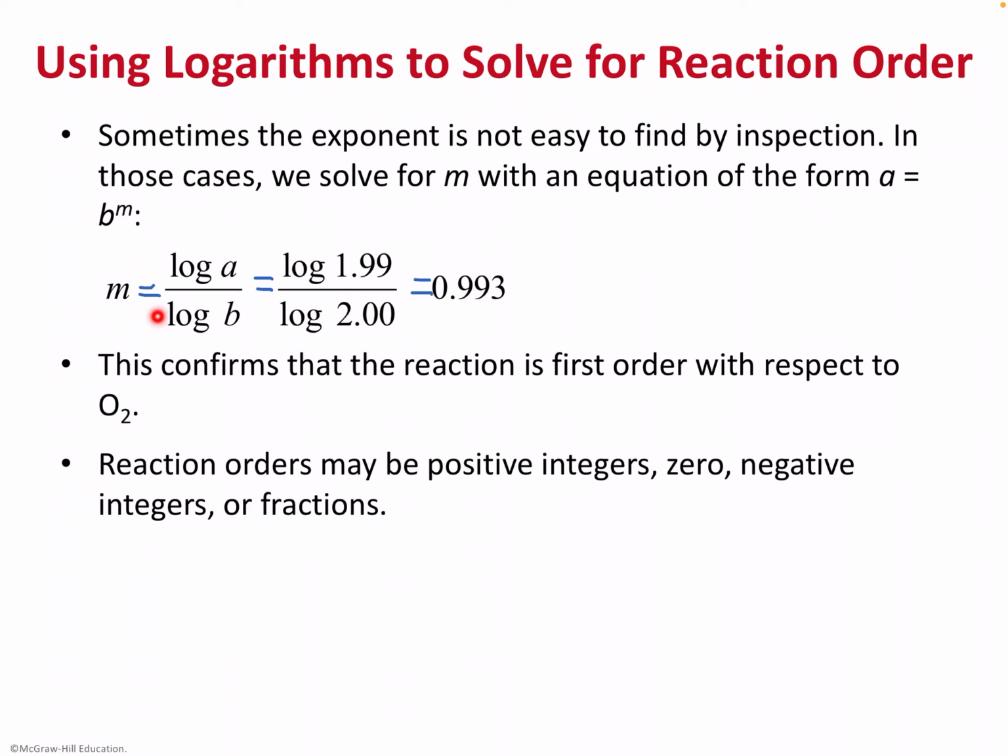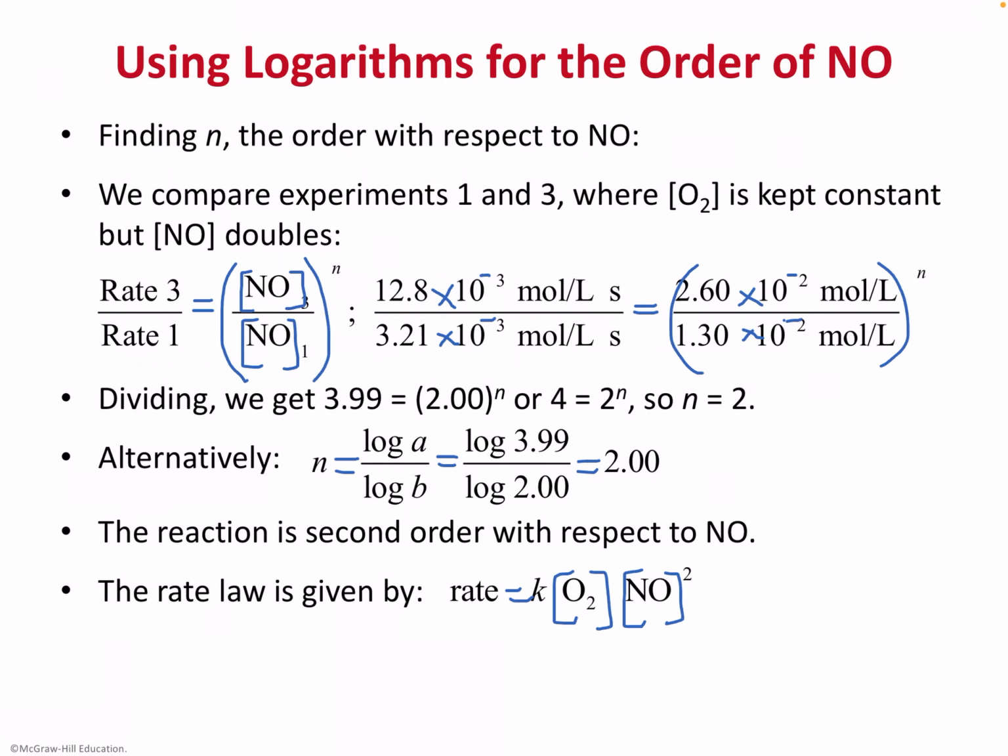So you can use this when we are having trouble finding m right away. This confirms the reaction is first order with respect to oxygen. Reaction orders could be positive integers, 0, negative, or fractions. So we do the same thing to find the order for nitrogen monoxide.